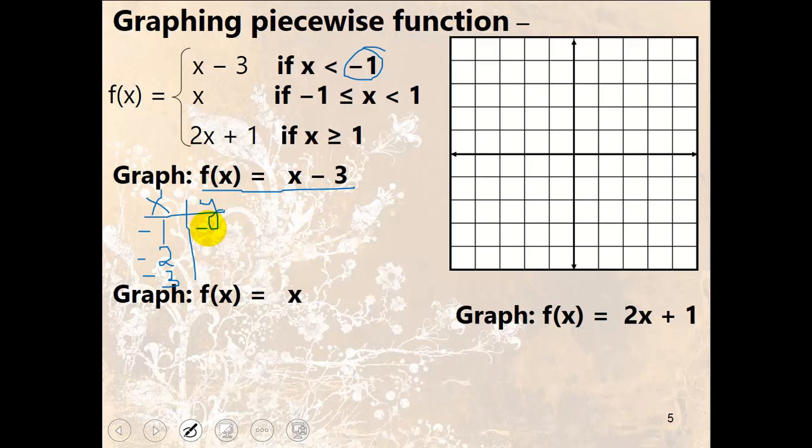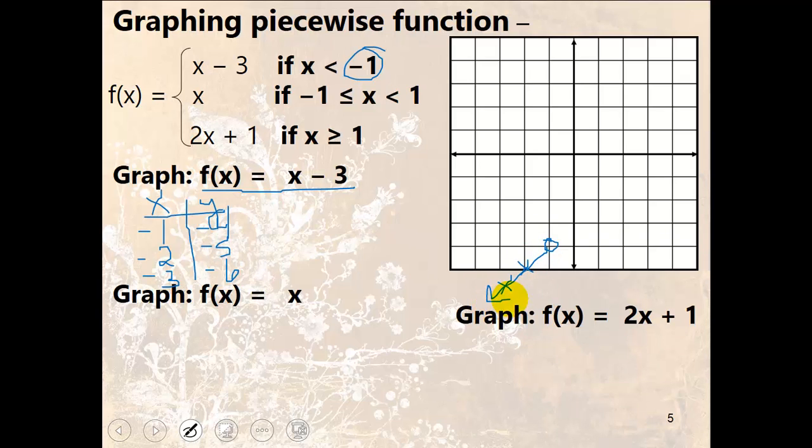So I'm going to get -4, -5, -6. So I'm at -1, -4, open, -2, -5, -3, -6, and that's off my graph, so I'm going to stop.